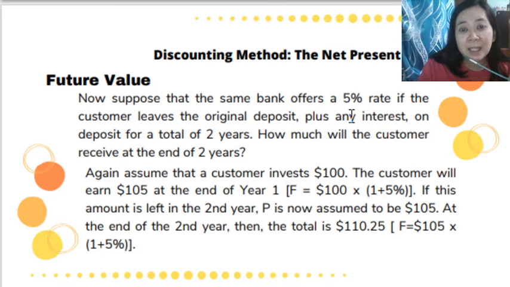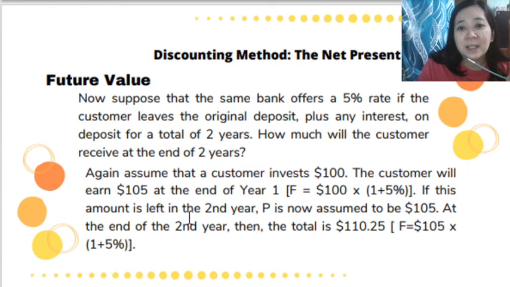However, if the investor accepts the 2 year investing period, then he will get 5%. That's why for the first year, the investor will earn 5%, which is $5,000. So at the end of the first year, under these terms, the investor will receive a total of $105,000: the original investment of $100,000 plus $5,000 interest earned.